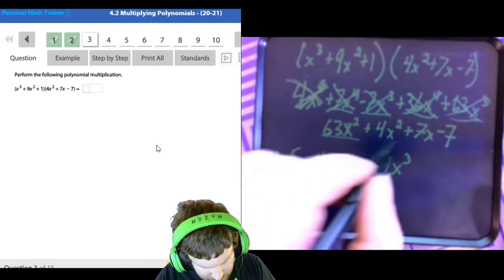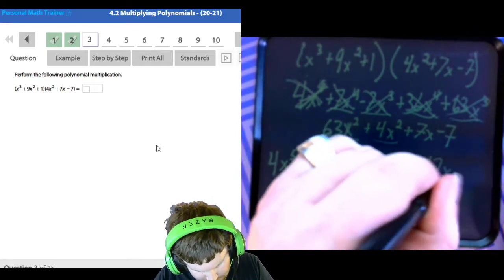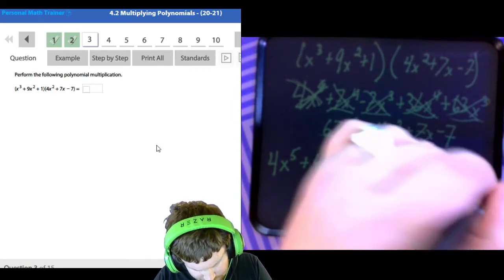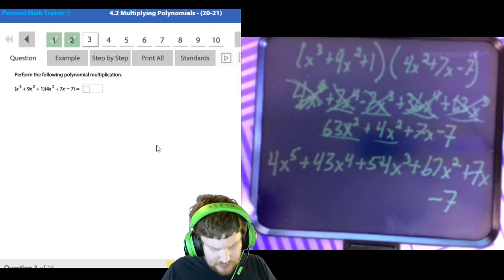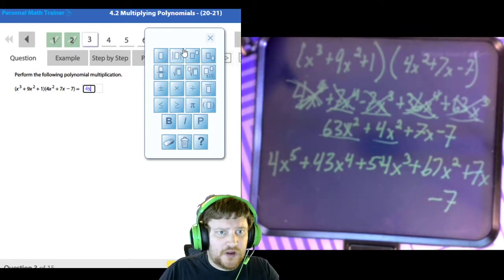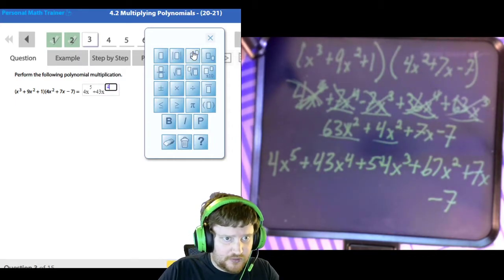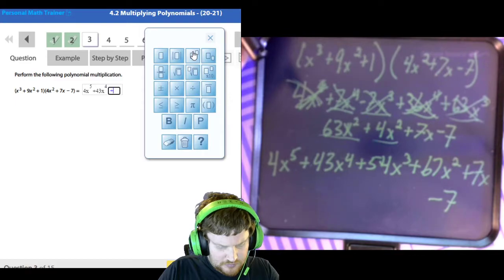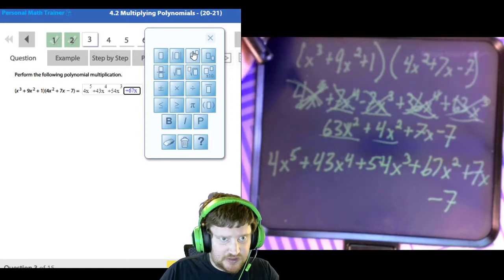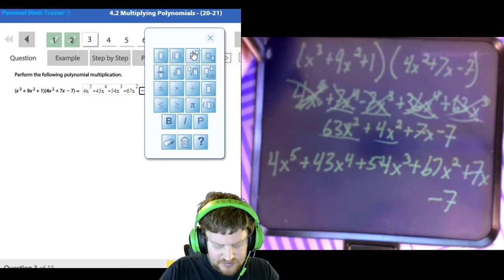I've got a couple of x squareds, and 63 plus 4 is 67. And then plus 7x minus 7 at the end. So x to the fifth plus 43x to the fourth plus 54x cubed plus 67x squared plus 7x minus 7.